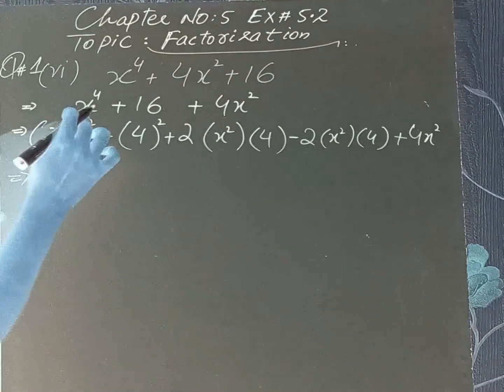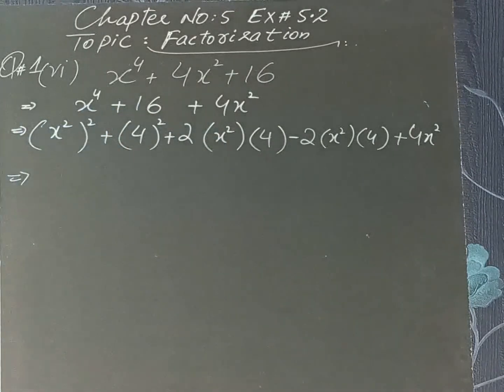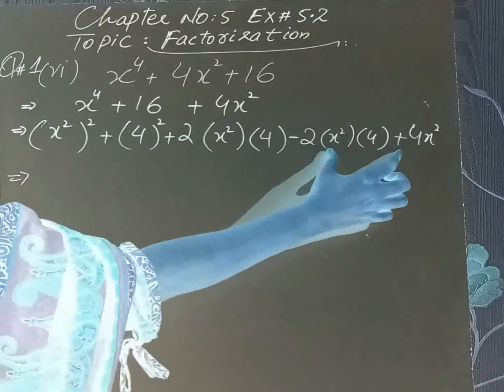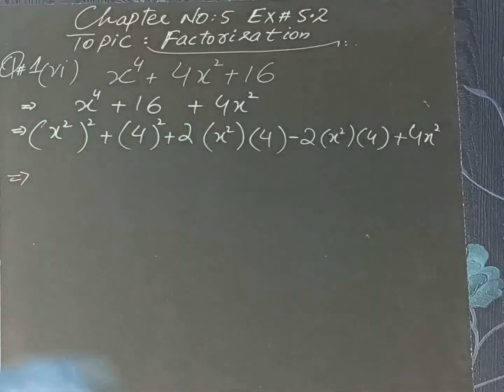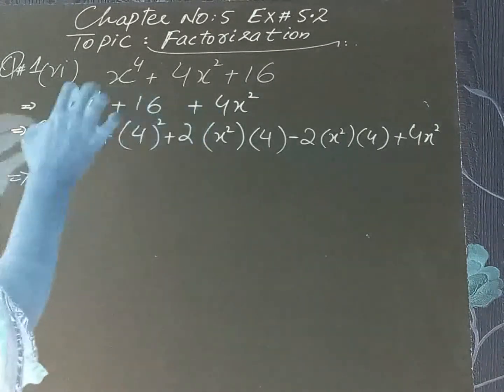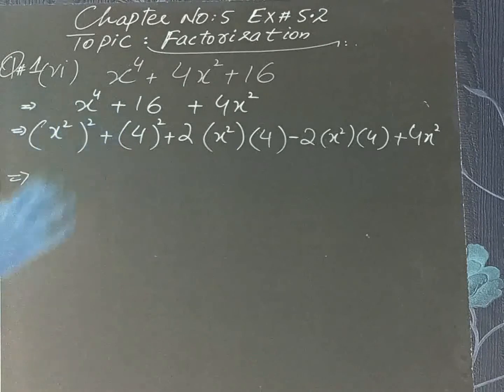You can also try these two first. If you cannot get the value over here that is the perfect square, then it means you are not going the right way, and you will have to change the arrangement of the terms.